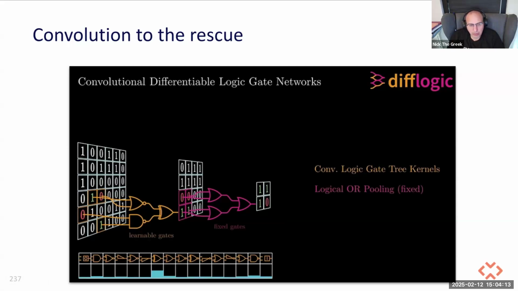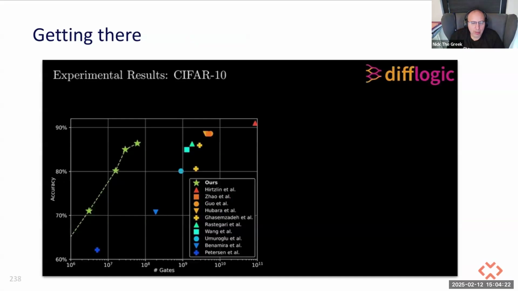You can always approximate logical gates with sigmoids, and eventually you hard code. Once you compute it, you get the networks.